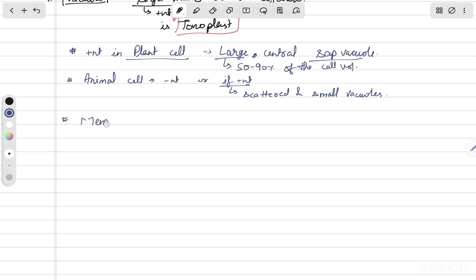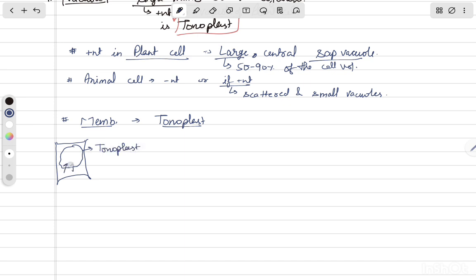Membrane of vacuole is tonoplast. Now, suppose this is a plant cell and that is the vacuole and this membrane is tonoplast, right?